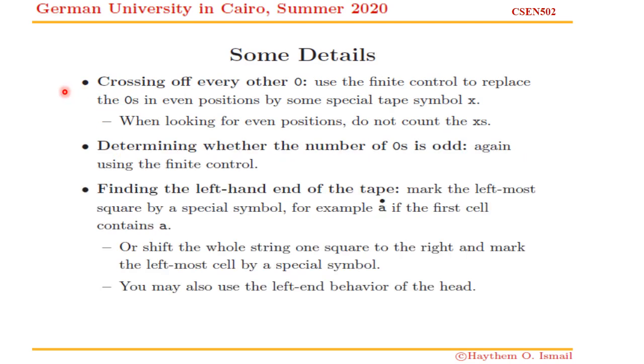Now let's look at some details, right? How we're going to implement them at the level of head movement of the Turing machine. How are we going to cross off every other 0? How will the Turing machine know that I now need to skip or to cross? Now it will do that using the finite control, using the states, right? So basically, just like we used to do with DFA, there will be a state or a bunch of states, all right? So that when the Turing machine is in any of those states, it will know that now I'm moving the head and I'm looking for a 0 to skip, all right?